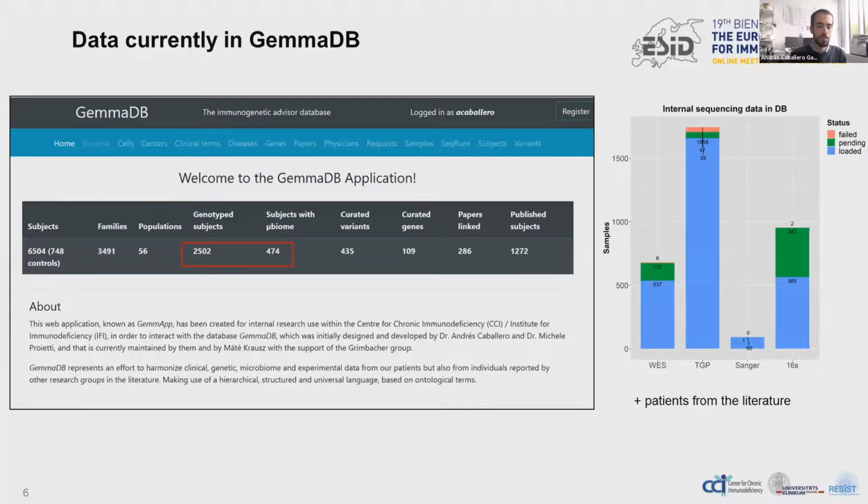So it's important to do this manual step to not miss important publications. And we also have at least 1,300 individuals in our database that have been published, and you can find them here with the code that was originally published in that paper.